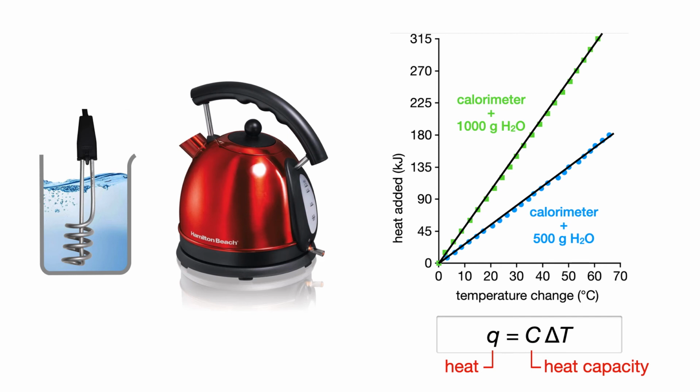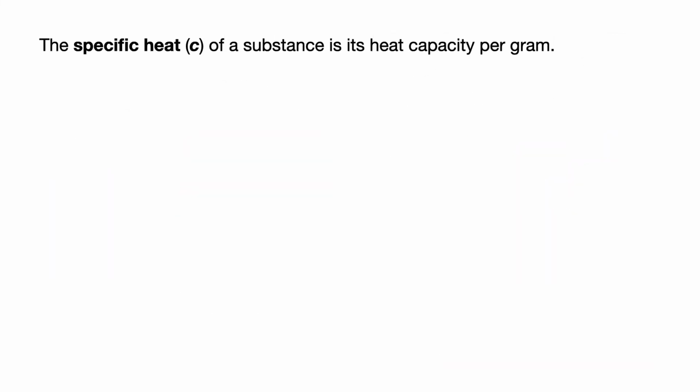And so, an object like the kettle itself has a certain heat capacity, and then the water in the kettle also has a heat capacity. And we can express the heat capacity of a substance like water in terms of its specific heat. So the specific heat of a substance is its heat capacity per gram.